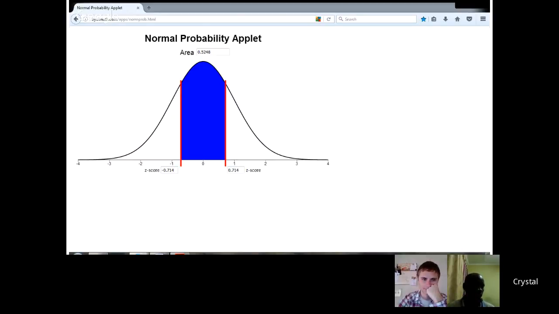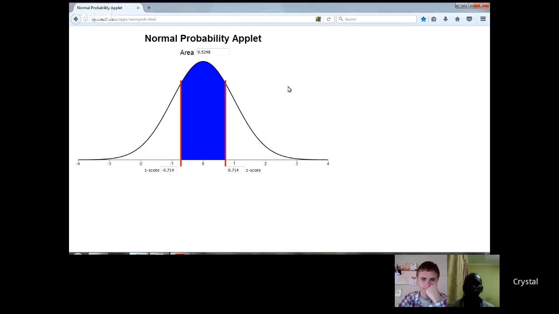Okay. So did you see how we were able to find the probability between? The 0.6 they gave us ended up with a z-score of negative 0.714, and the 0.7 they gave us was 0.714 on the z-score.